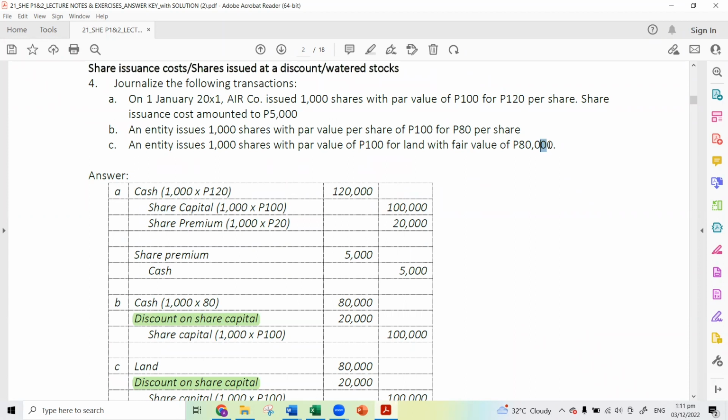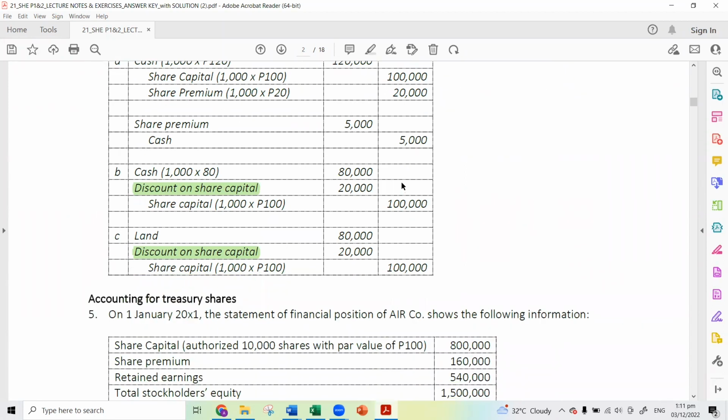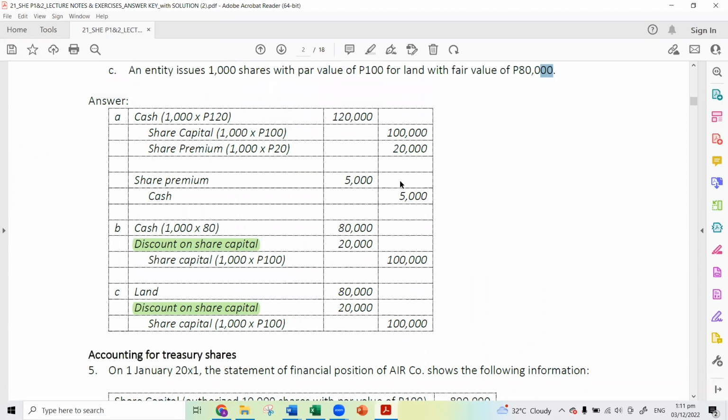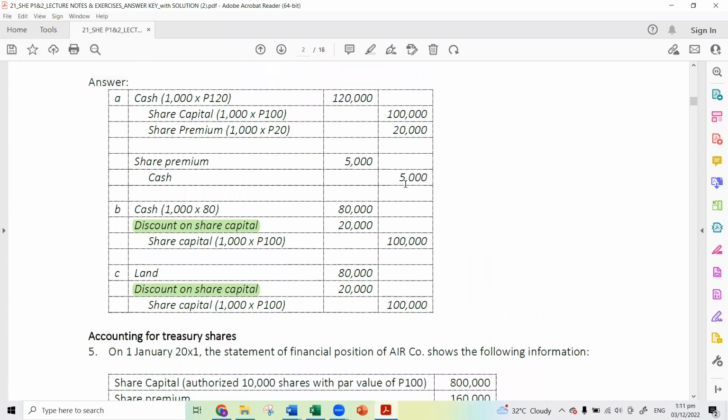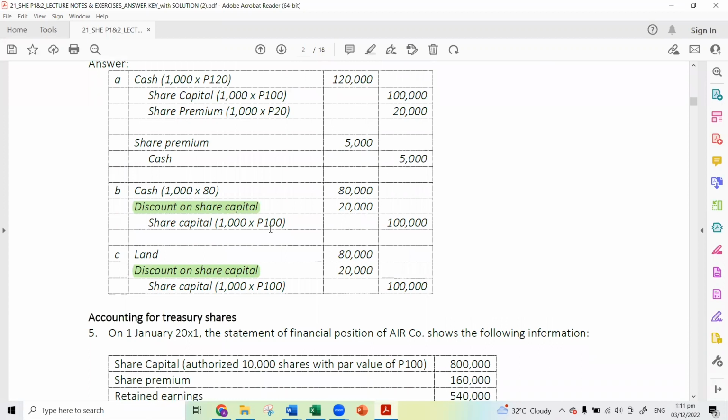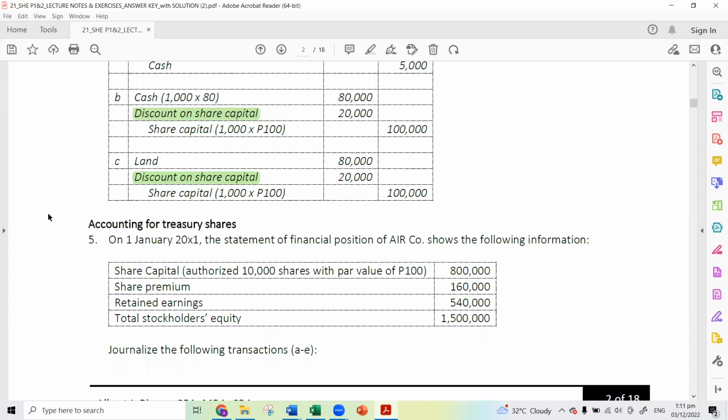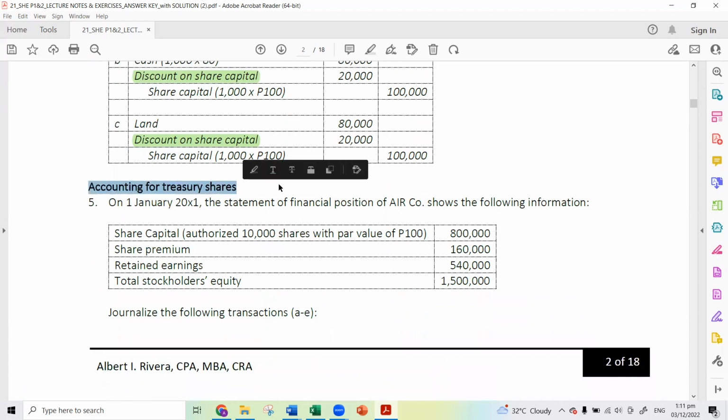That is below par, no? Or stated value. Okay? Ang tawag dito, class, ang common term dyan, that is what you call watered stocks. Di ba? Yan yan. Next, we have the accounting for treasury shares.